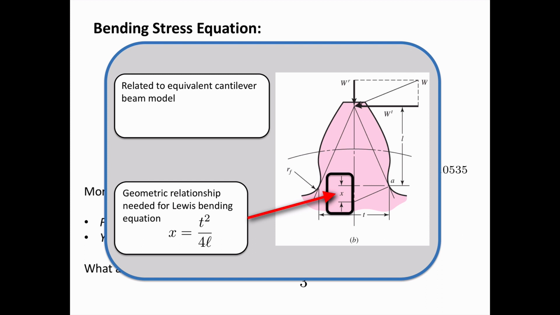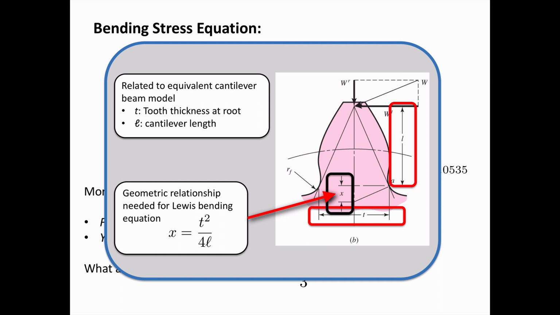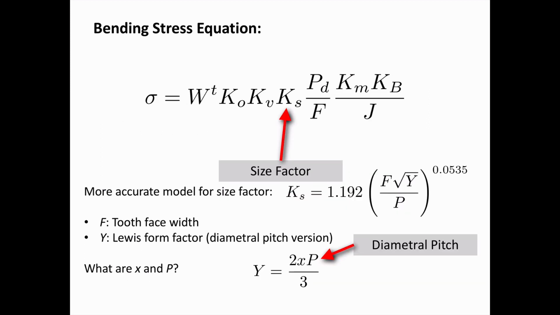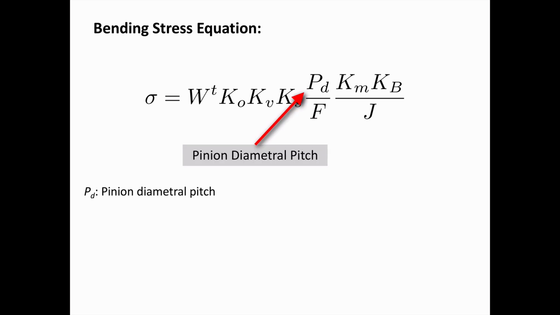So this is related to the equivalent cantilever beam model, where t is the tooth thickness at the root and L is the cantilever length. So P, that's the diametral pitch, and that's equal to N, the number of teeth, divided by the pitch diameter.